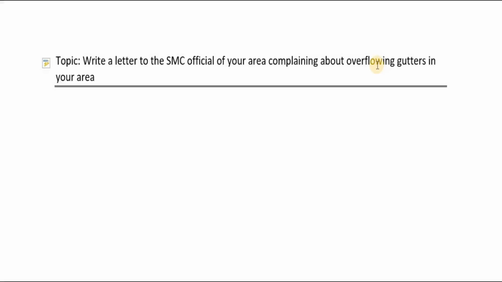So let's start. So first we start our letter with our address, right? Let's say I write my address 402 comma, so I write my address in 2 to 3 lines.